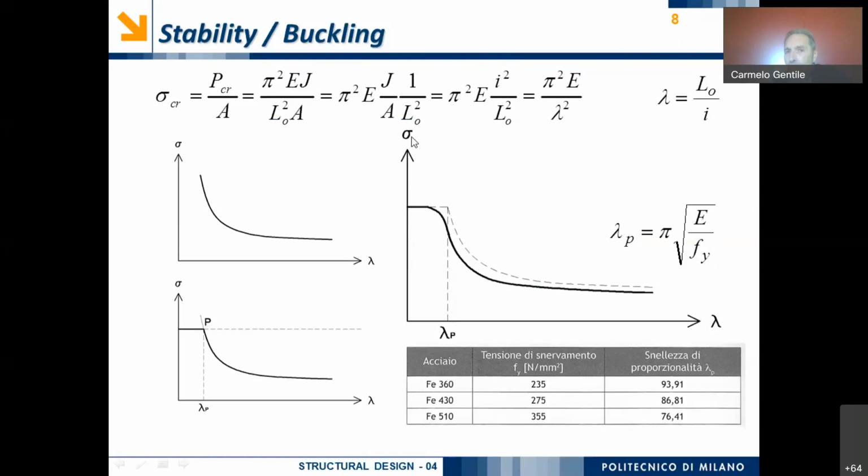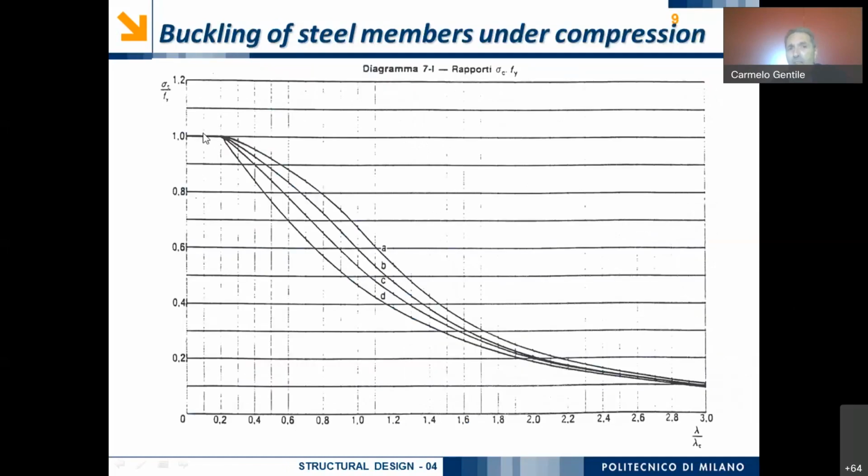And so, of course, it is possible to redraw this kind of curve, not exactly in a plane sigma lambda, but in a plane, for example, sigma over critical sigma, or sigma over the yielding stress, and lambda over the proportionality value of lambda. If we do this, we can obtain different values of the stability curve. So the shape of the curve is exactly the same as before.